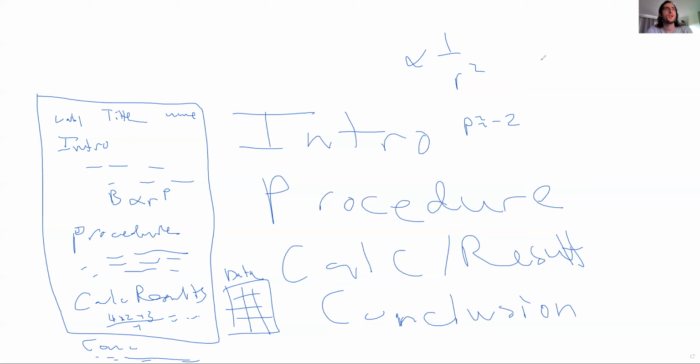Sean K, you said in the chat, the line part to get the error of the slope. Yeah, you can do some sort of error analysis on this lab if you want to, but I won't really look for it too much. Yeah, lab should be in person this Thursday.